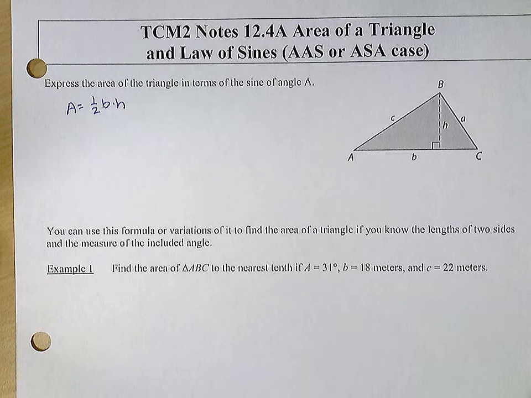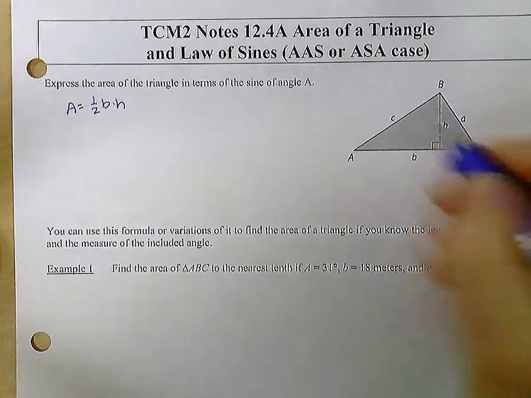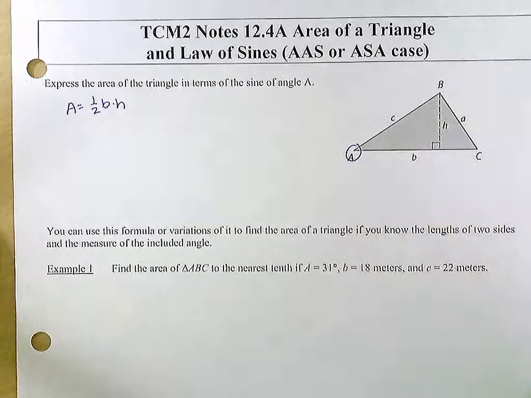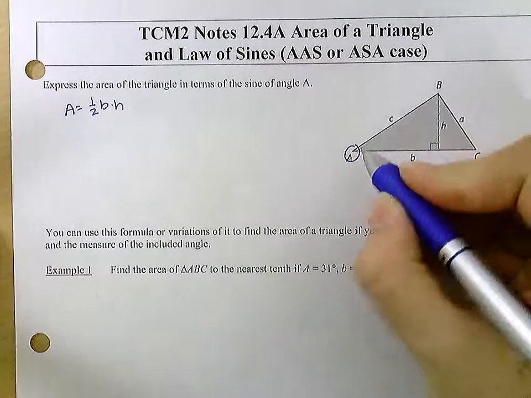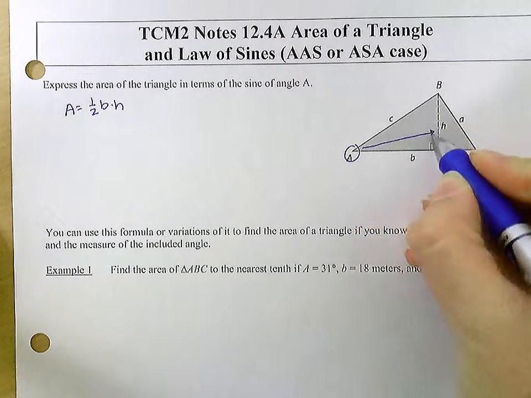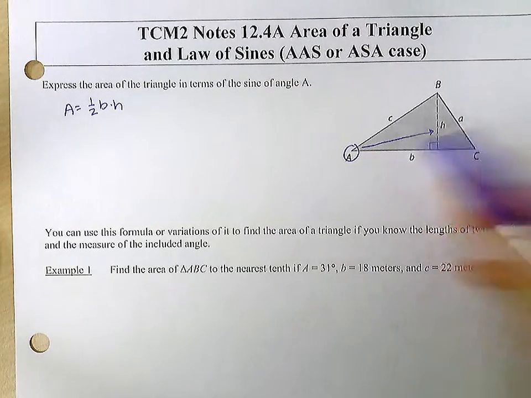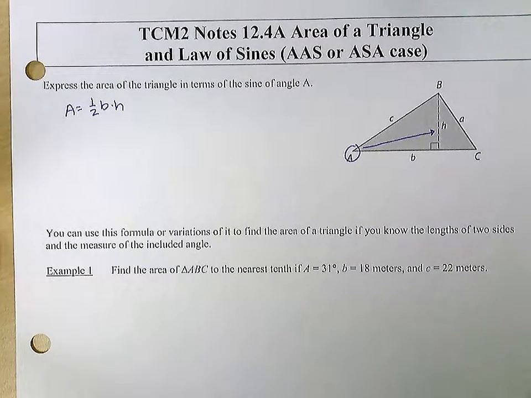Area of a triangle is 1/2 base times height. Now, if you're not given the height of the triangle, we can express that height as sine of an angle times something. So if I go from angle A right here, the height is the opposite side and C is the hypotenuse.